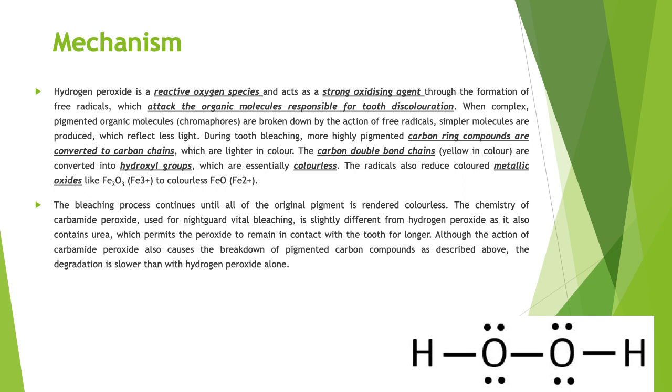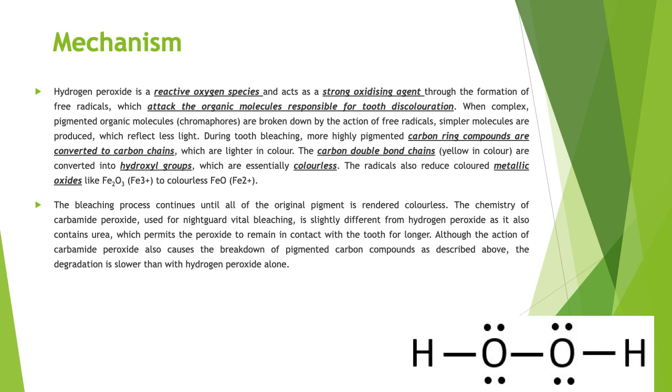Hydrogen peroxide will attack the pigmented organic molecules, the chromophores, and will break them down by the action of free radicals. And it will produce simpler products that are colorless and will reflect less light.